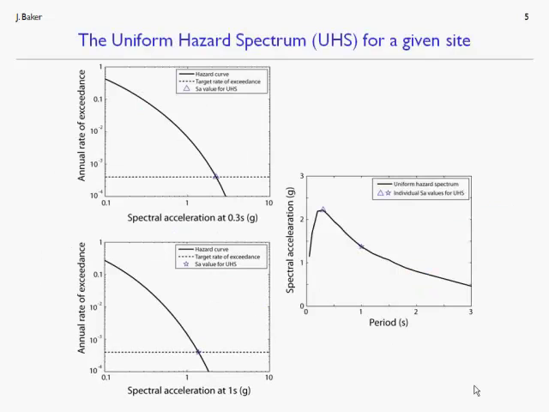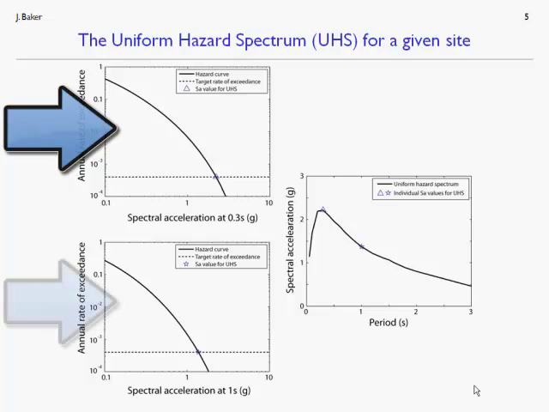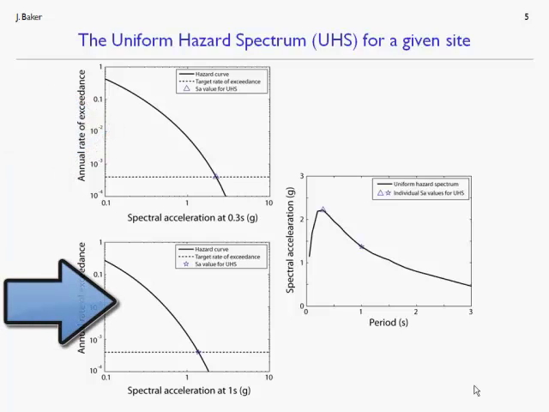Another way that this seismic hazard information is frequently combined for use is in construction of the uniform hazard spectrum. Over on the left here, I've got two plots of site-specific hazard curves for a single site. The top left figure shows the hazard curve for spectral acceleration at 0.3 seconds. The bottom figure on the left shows the hazard curve for spectral acceleration at 1 second.